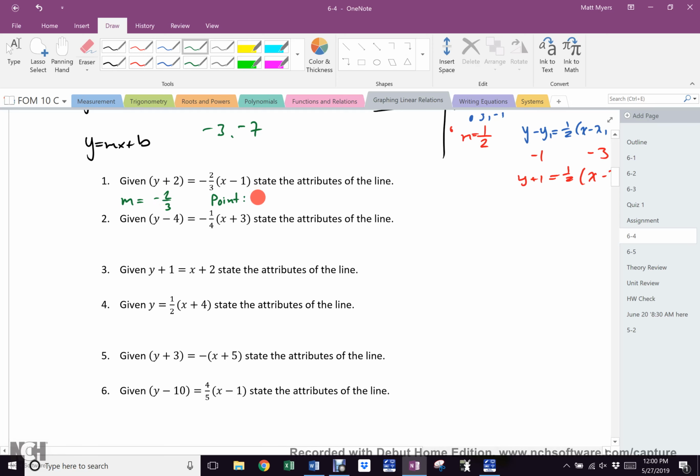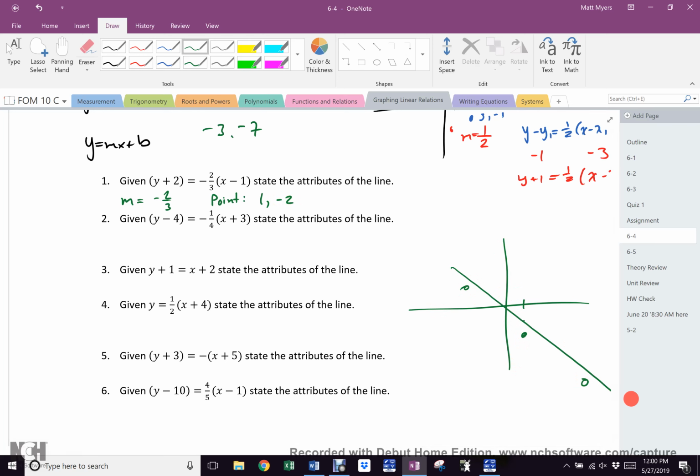Okay, and what's the point on the graph that I would start at? 1, -2. Does everybody understand? So if I was going to graph this, I'd go to 1, -2, and I'd count up 2 and left 3, or down 2 and right 3. Is everyone good?